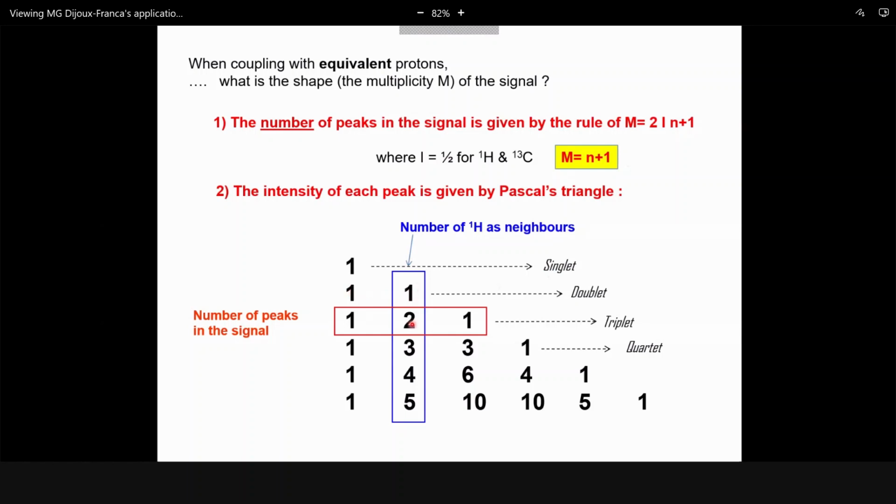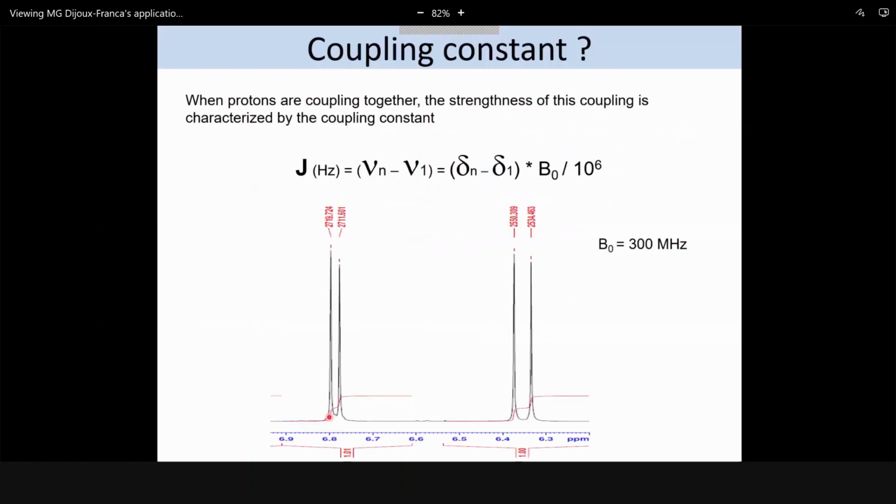If I have 2 protons in the neighborhood, I will have 3 lines, and the one in the middle is twice as high as the ones on the side. If I have 3 protons in the neighborhood, I will have 4 lines, and the 2 lines in the middle are 3 times higher than the ones on the side.